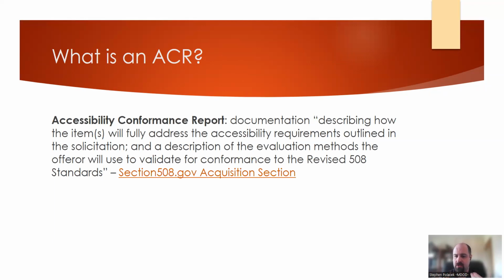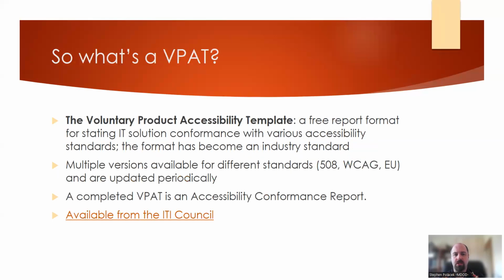So that's the benefit of having an ACR involved in the procurement process: you can take care of some of the steps ahead of time rather than having to go through the whole testing process yourself.